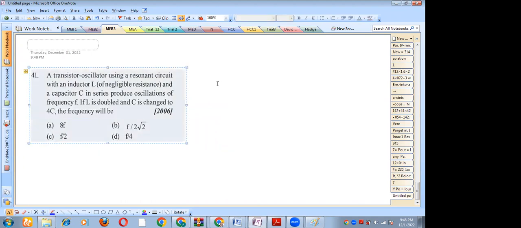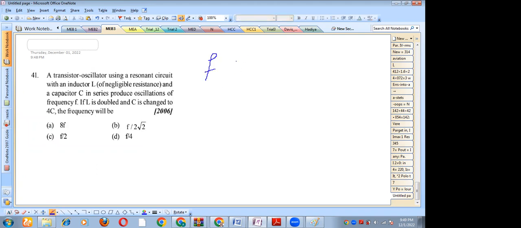This is a transistor oscillator using a resonant circuit with an inductor L of negligible resistance and a capacitor in series producing oscillation of frequency F. If L is doubled and C is changed to 4C, then so I'm giving a hint.